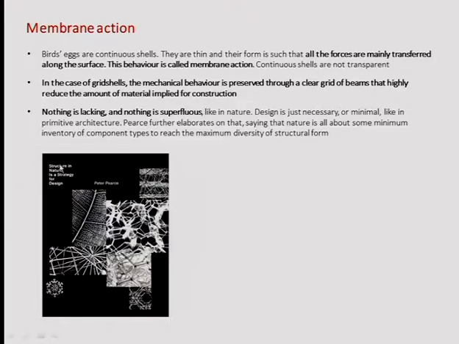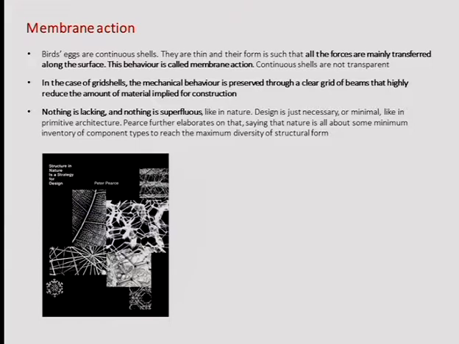I'm proposing you this book, Structure in Nature is a Strategy for Design. Why that? Because somehow in this type of structures, nothing is lacking and nothing is superfluous. So somehow they are minimal, they're essential. And this happens also in a lot of natural forms.